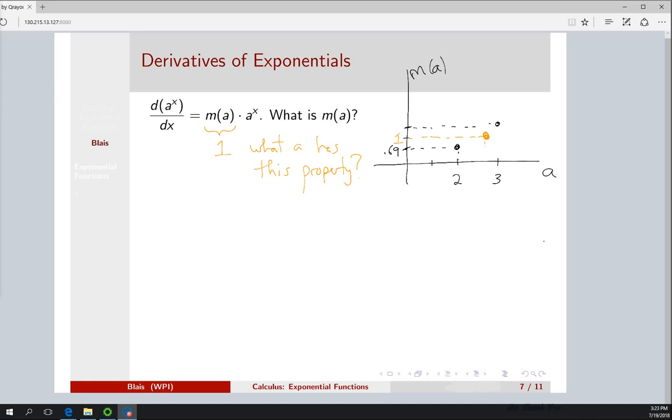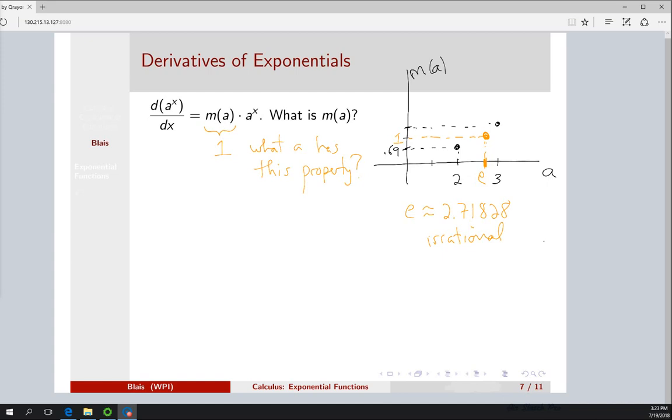And that number has a very special name, and we call it e. E is approximately 2.71828, but it's irrational. So it's a non-repeating, never-ending decimal, cannot be written as the ratio of two integers.